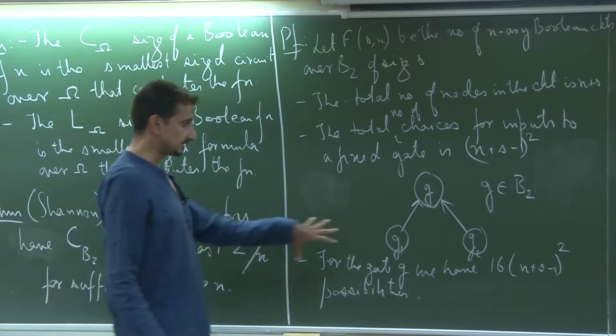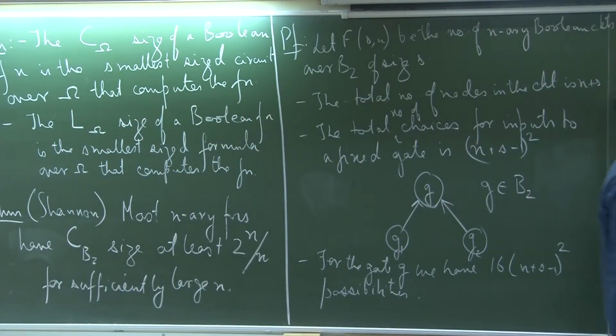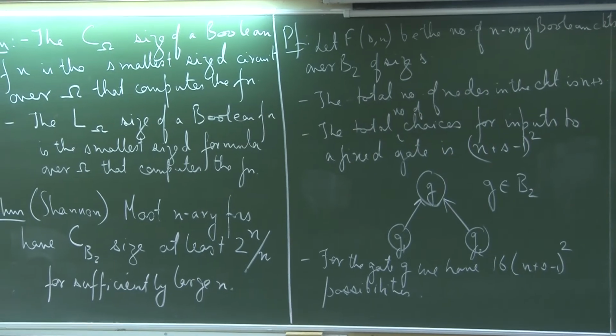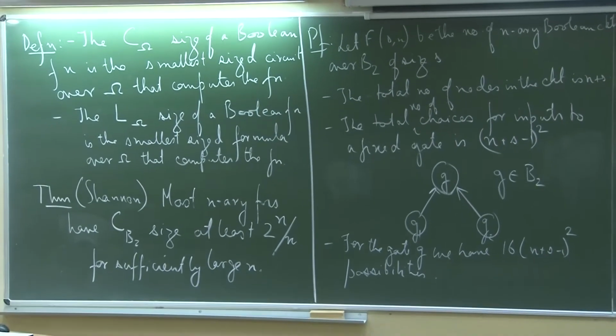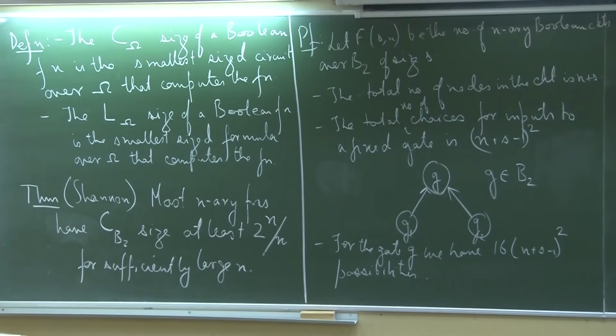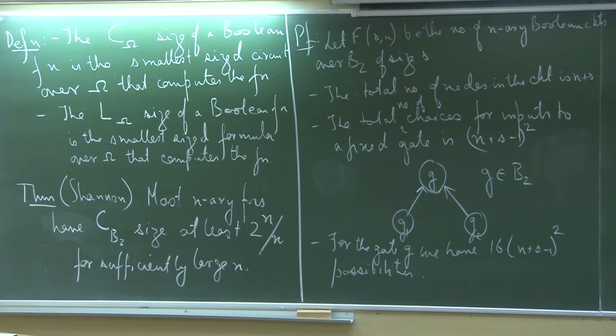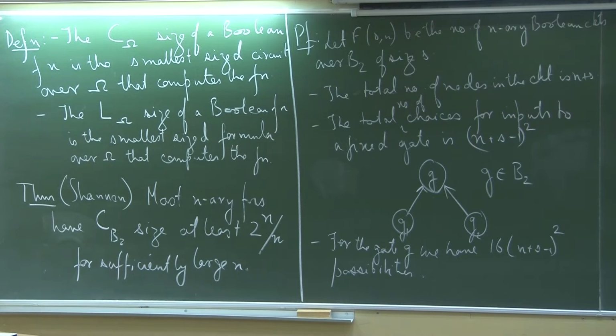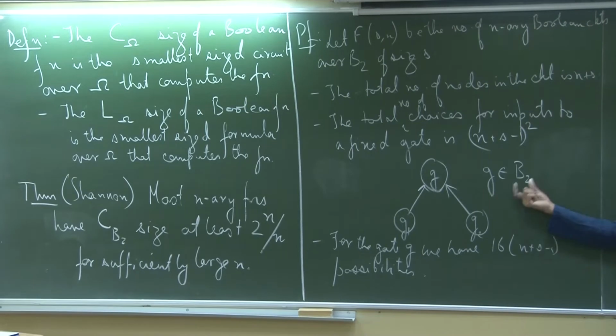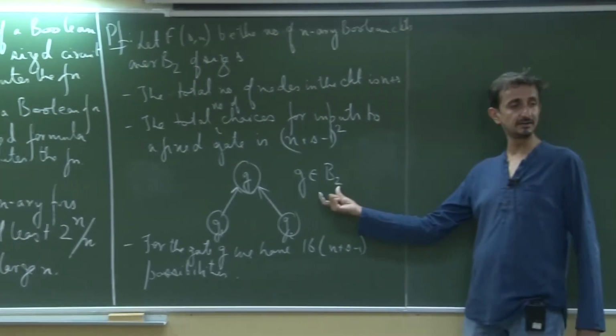Okay, so this is for a single gate. G can be any of the 16 gates that are present in B2.